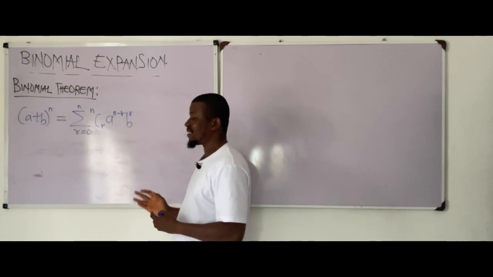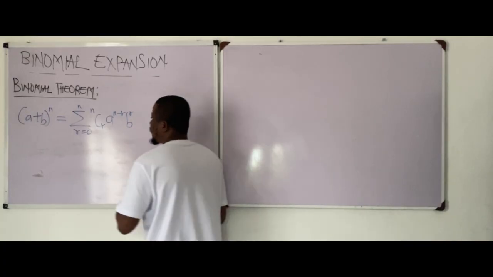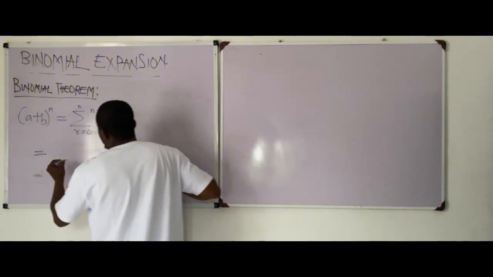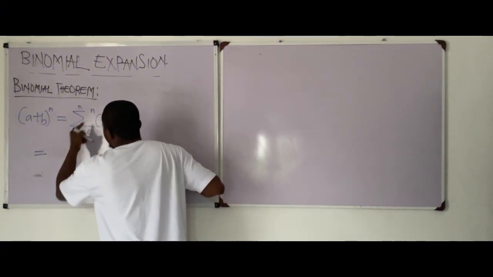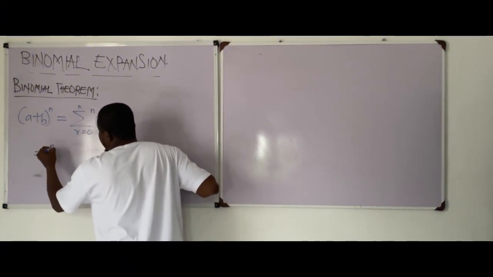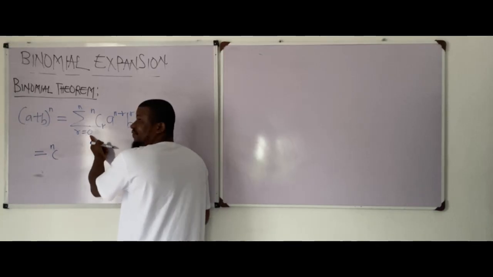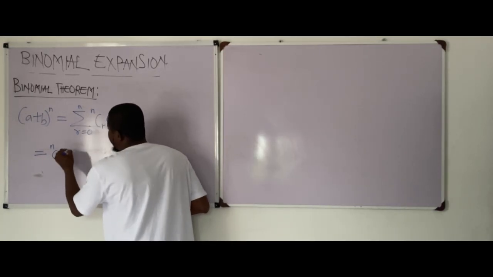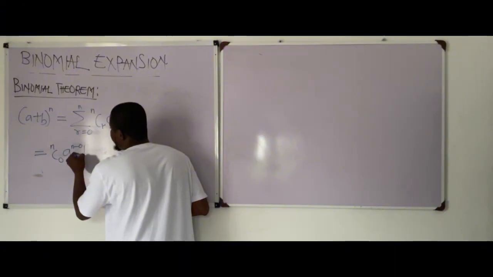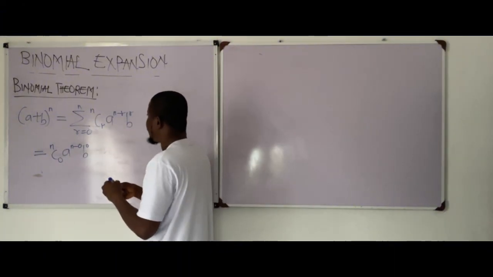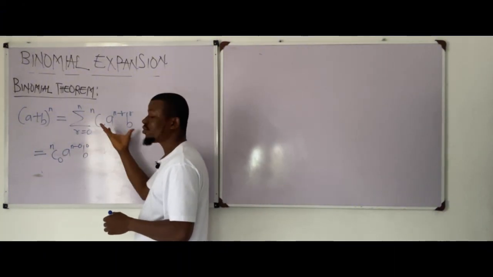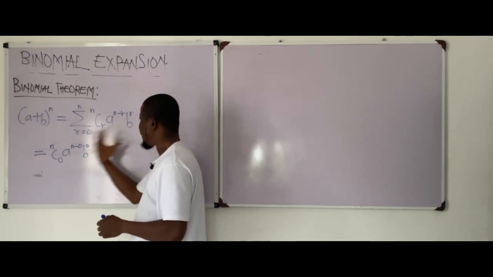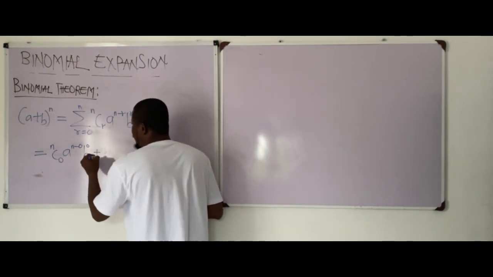Now, we'll see a practical instance of this. Let's expand this and see what it looks like. This is equal to the summation of n combination r, where r starts from 0. So I have n combination 0, a raised to power n minus 0, b raised to power 0. The formula says it is a summation of terms, so this is the first term, plus, because of summation, I have a plus here.